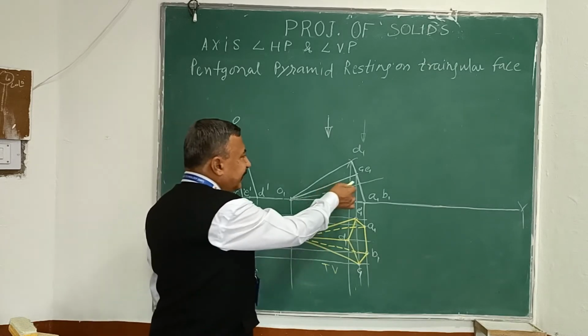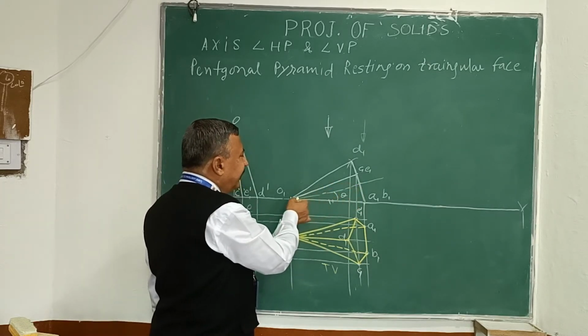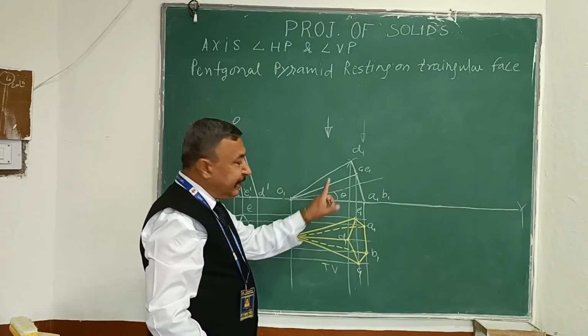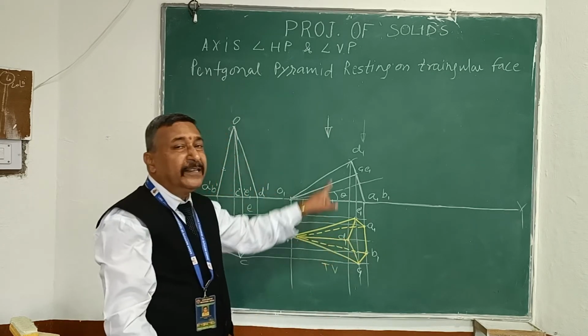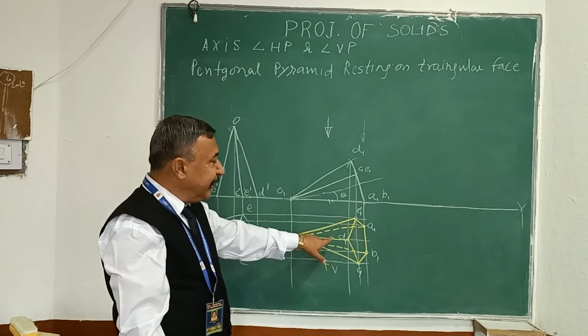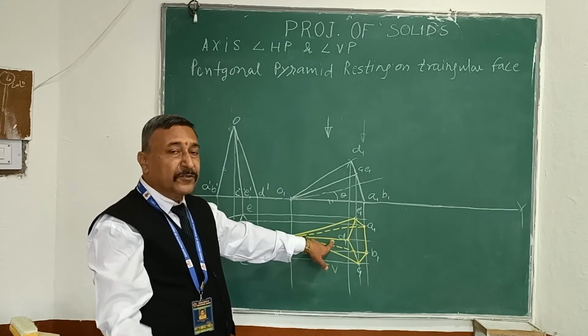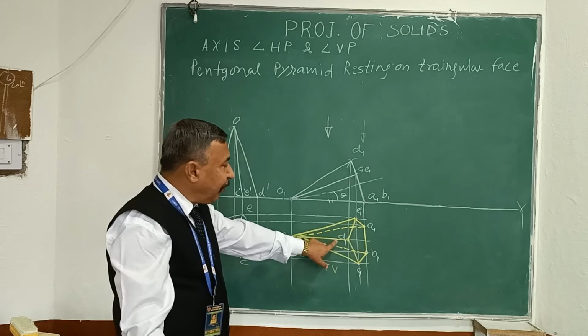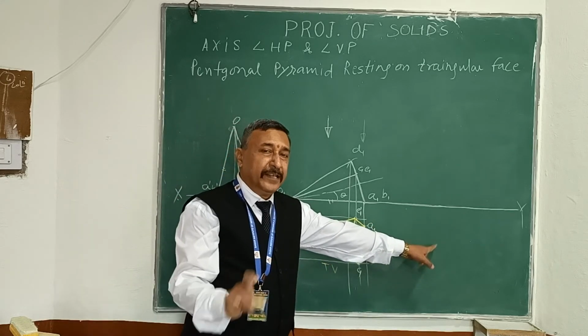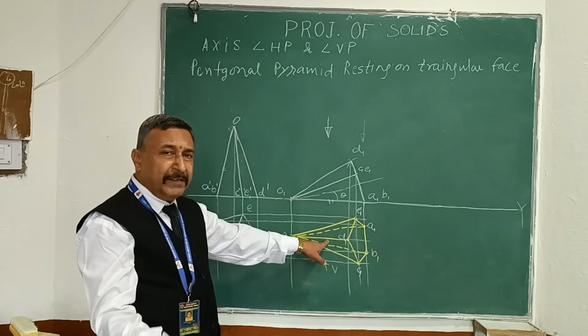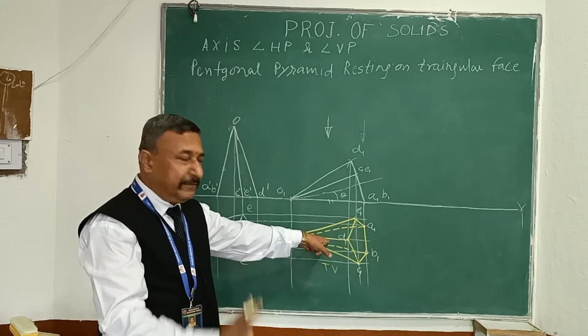Because the length of axis here is the true length, and length of axis here is shorter than true length, means it is top view of axis. So it can be given that top view of axis is inclined. When given, we have to complete in that way.